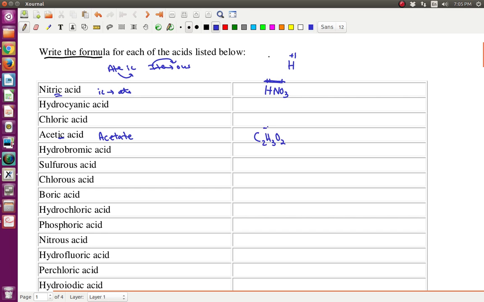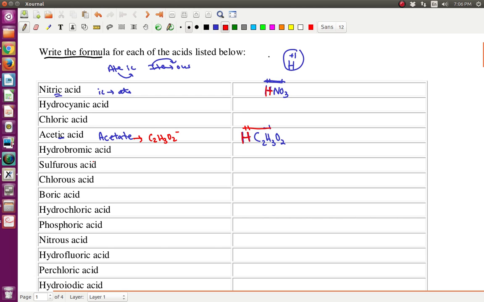How many hydrogens do I need to cancel out this negative ion? The hydrogens we add go to the front, and maybe I should write those in red. We only needed one to cancel out that negative. So that's the formula for acetic acid. It comes from the acetate ion, C2H3O2-.